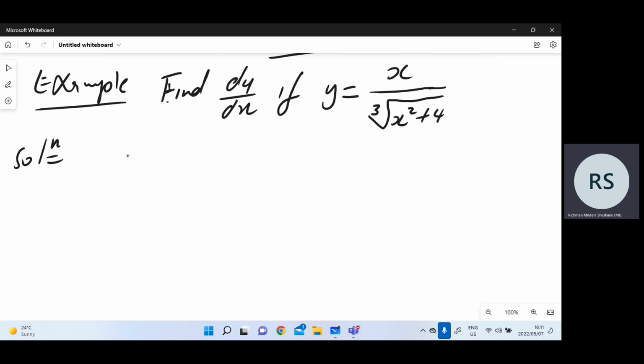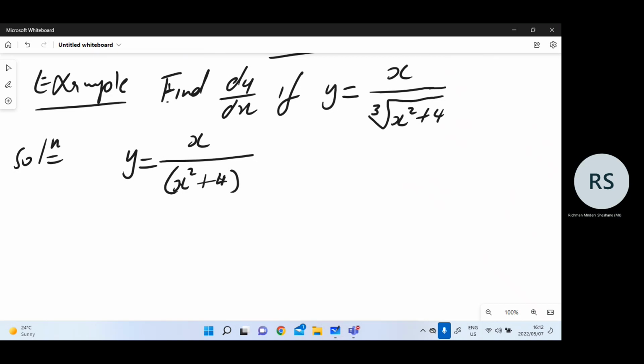But before I derive, I know I can write this function as x. Always when you have a square root, you can write your function in terms of a power function. So the denominator I can write as x squared plus 4 to the power of 1 over 3.